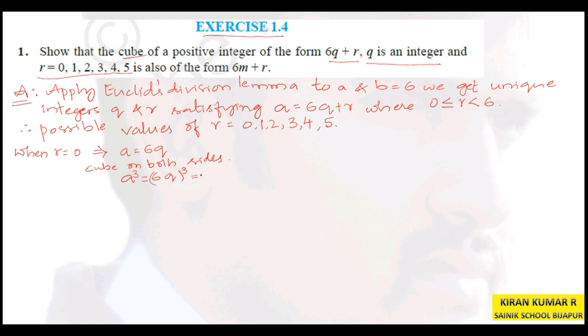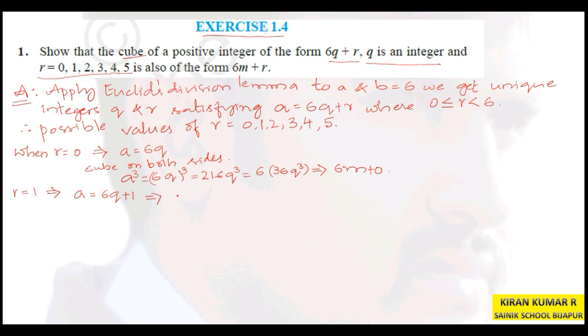And we know that 6q whole cube is 216 q cube. This can be expressed as 6 times of 36 q cube. So this is like some 6m plus 0.